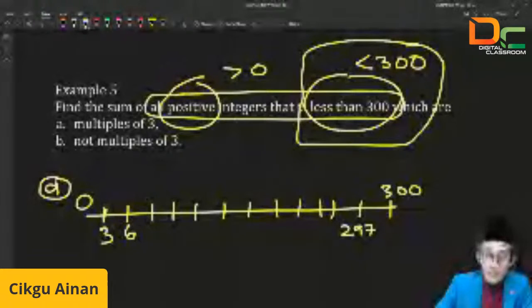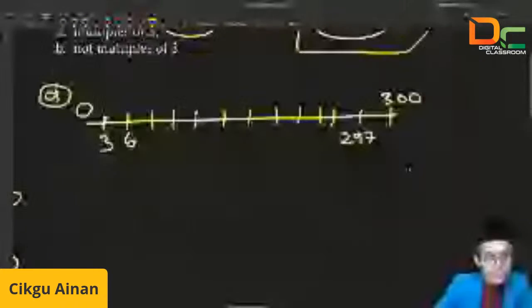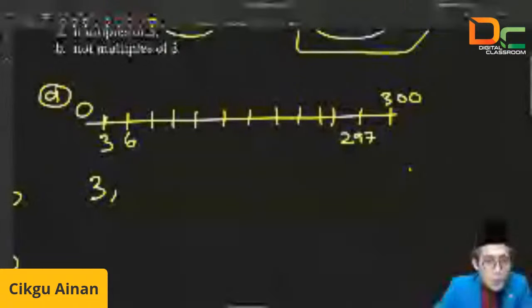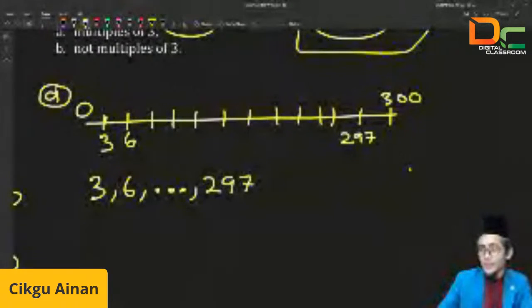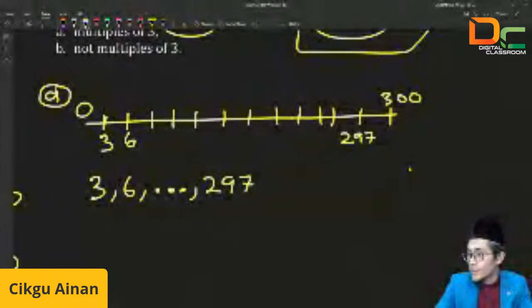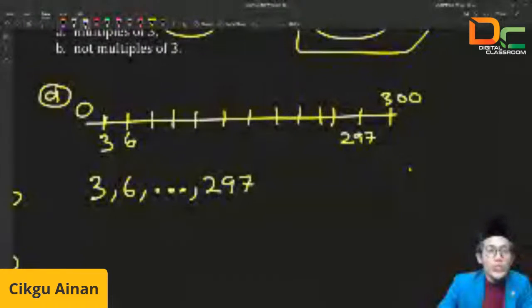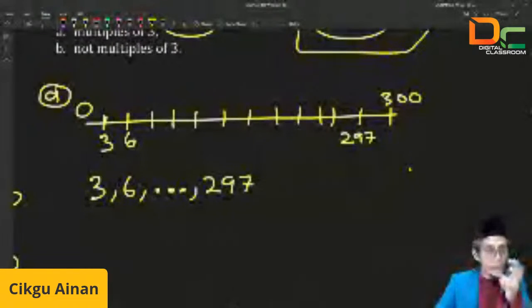Okay, so what we have here is these 3, 6, 297. Okay, very good. Bagus. Okay, so from here, what is the important information?